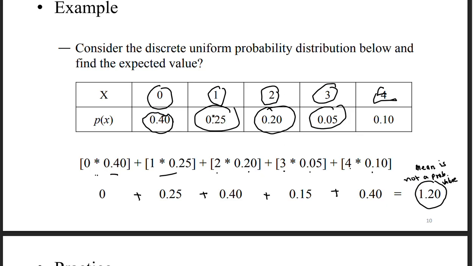And so the student can assume that on average, she will get about 1.2 credit cards based on the probability distribution that she assigned to the different number of credit cards she believes will be given to her. So the mean is not a probability value. It's actually just the average number that she hopes to see based on the probability distribution.